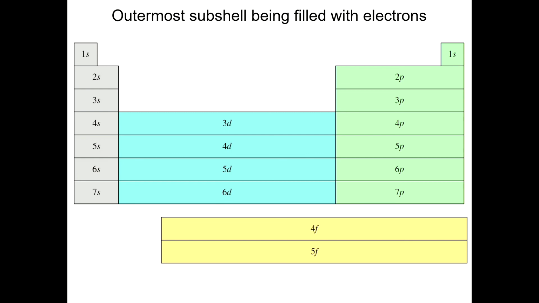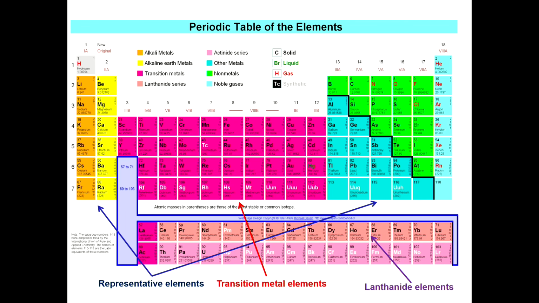So this means for the same group, the outer electrons have similar filled orbitals.